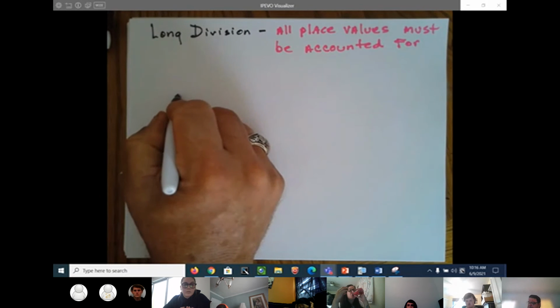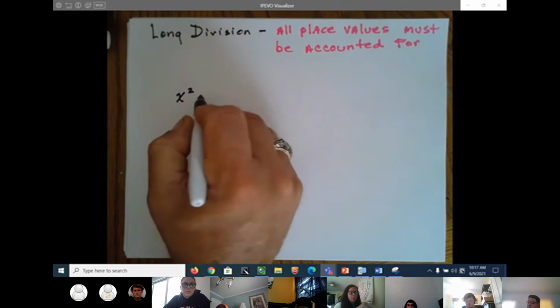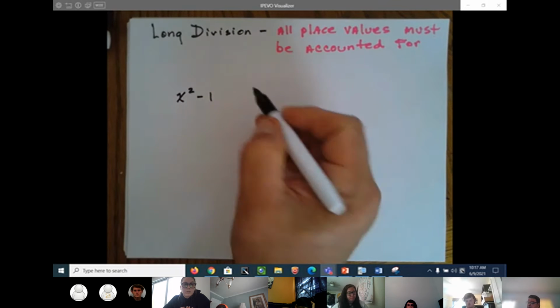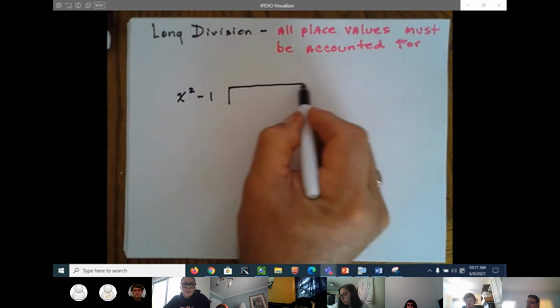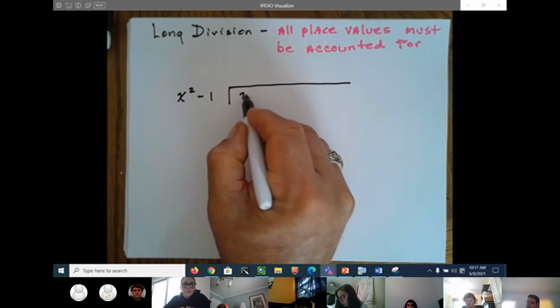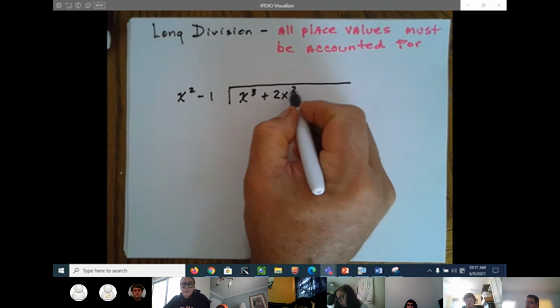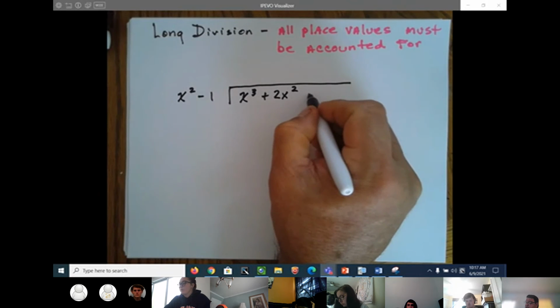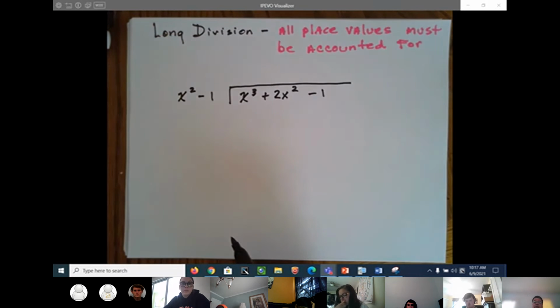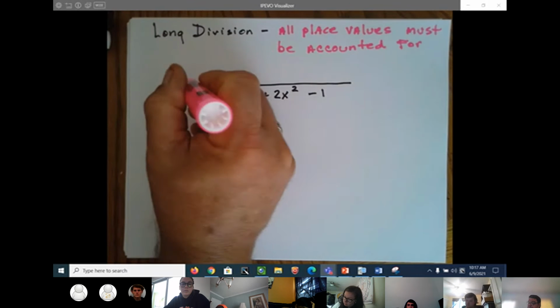x squared minus 1 into x to the third plus 2x squared minus 1. Now, the leading coefficient on both the divisor and the dividend is important.